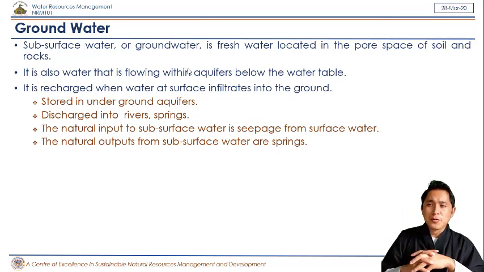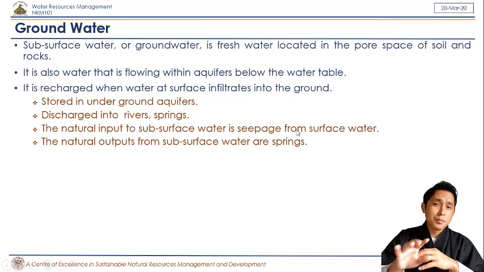So the natural input for groundwater is subsurface seepage of the surface water, which is actually got from rain and snow, and the natural output from the groundwater is mostly spring water, and that's why we say that spring water is good for health.